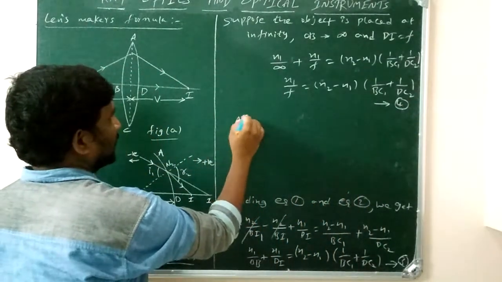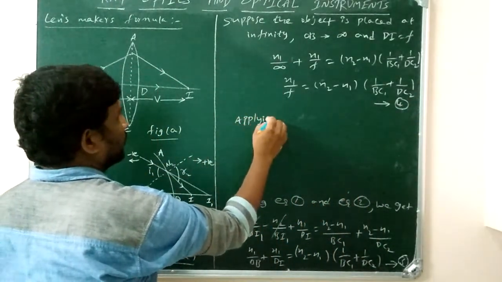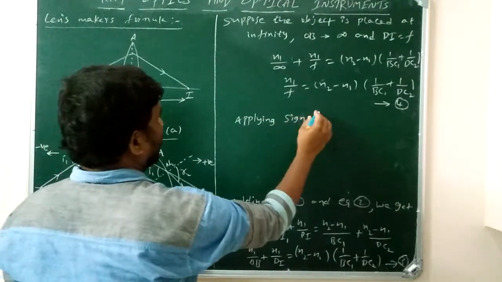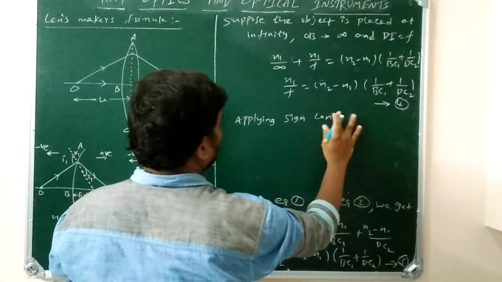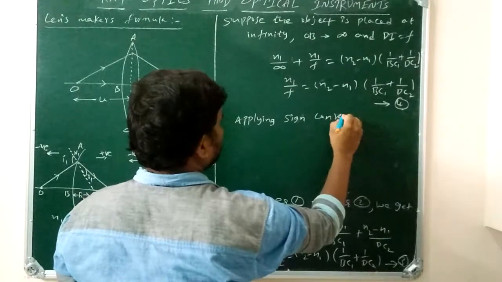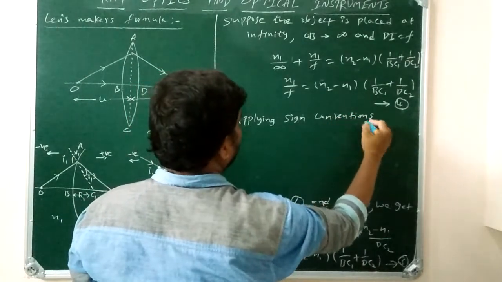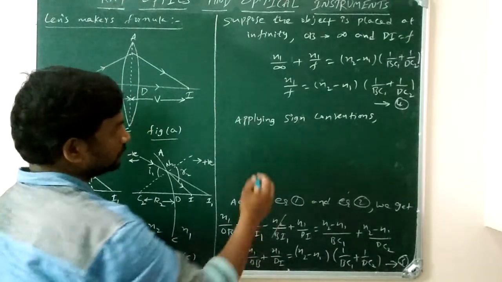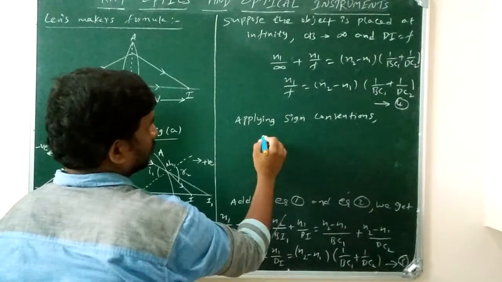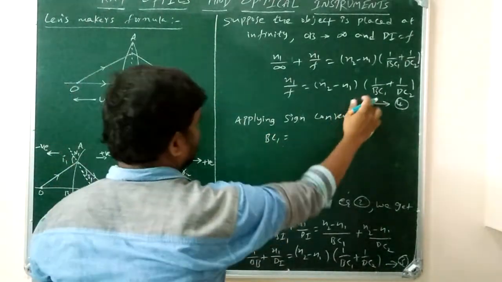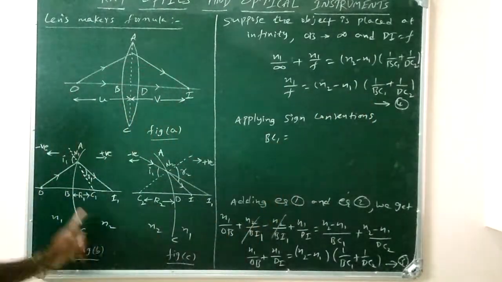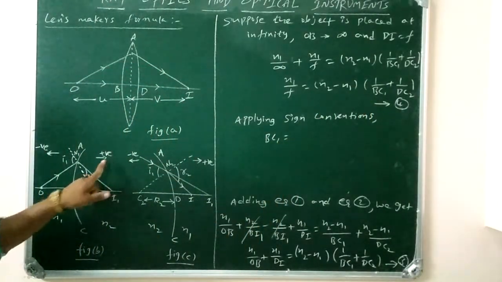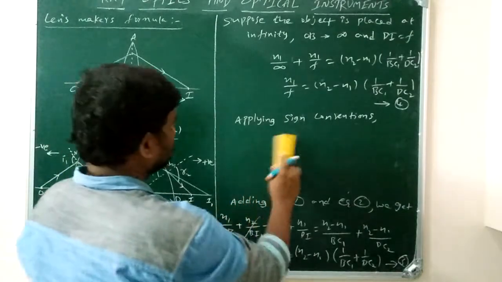Now applying the sign conventions, in equation 4, BC1 we write as plus R1, positive sign convention.